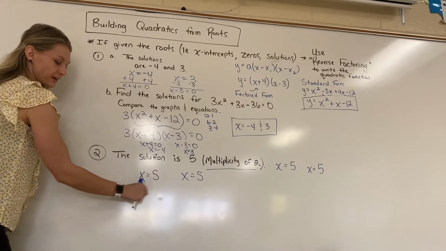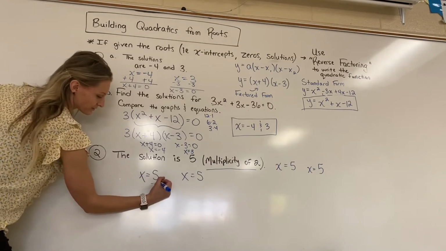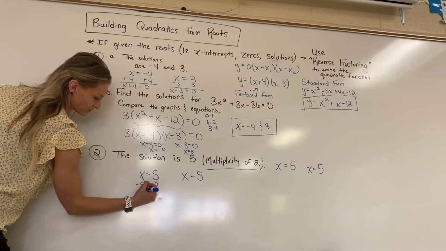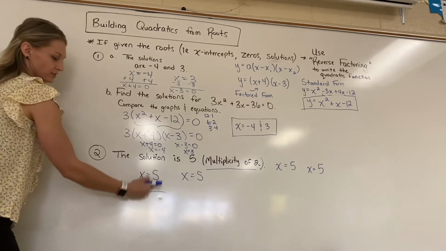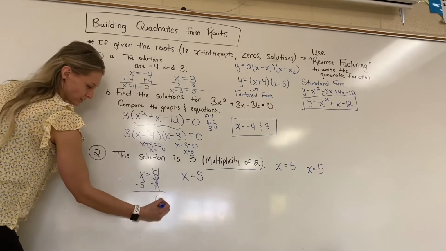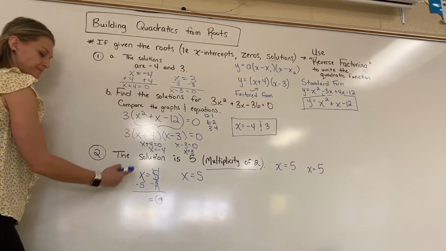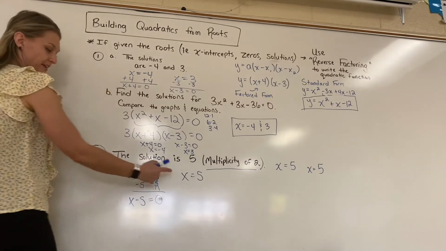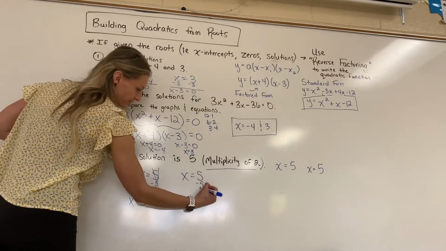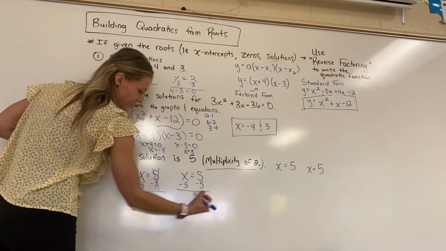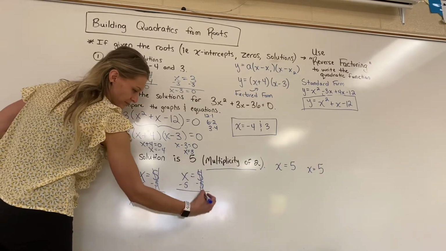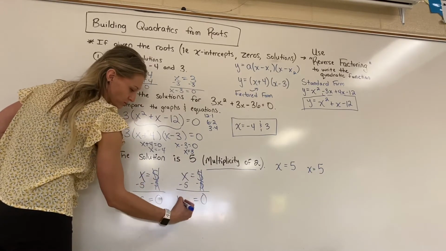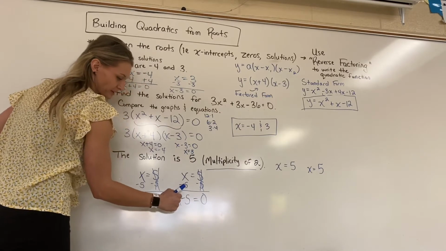I have to get the 5 to the other side, so I have to subtract 5, and you have to do it to both sides. So 5 minus 5 is 0, which is what you wanted. These won't combine, so they just come down. And same thing here, subtract 5, so you'll notice it's the same thing. These go away, my 0 comes down, and those won't combine, so I end up with x minus 5, okay?